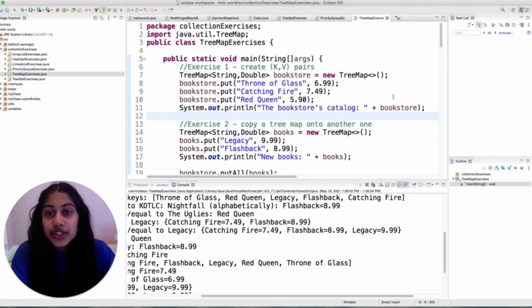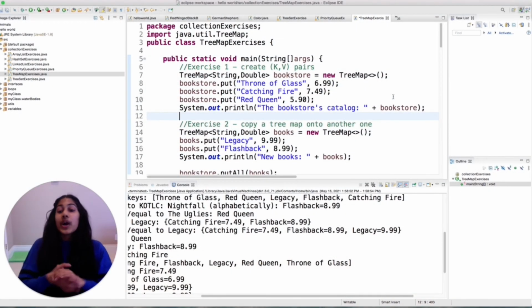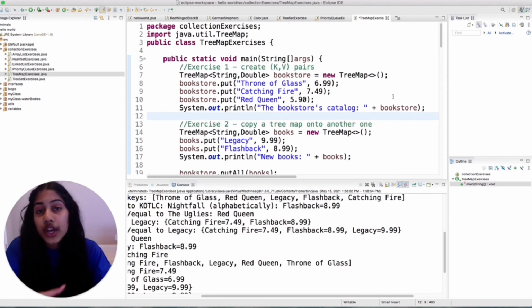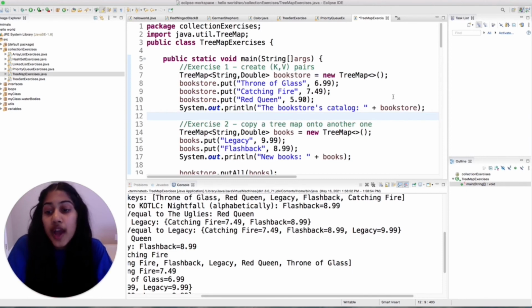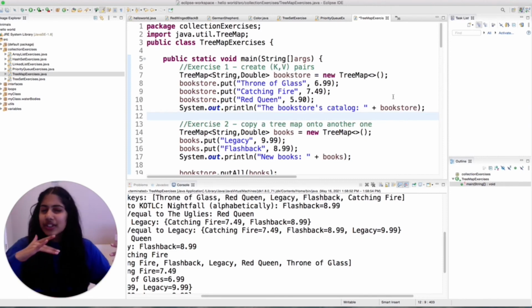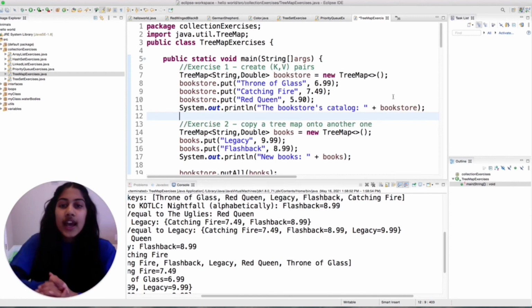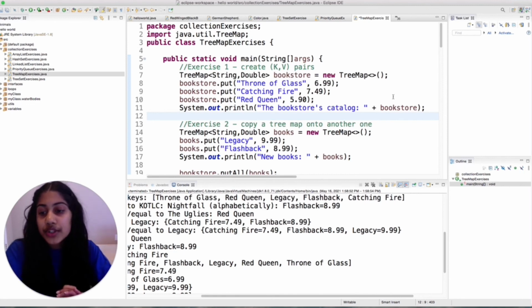Why would you want to use a tree map? Well, it has that tree data structure, which allows you to access a lot of data that you might not with another collection. And also, if you have something that's kind of like a hierarchy that you wanted to use a tree data structure for, it sorts that for you as well.